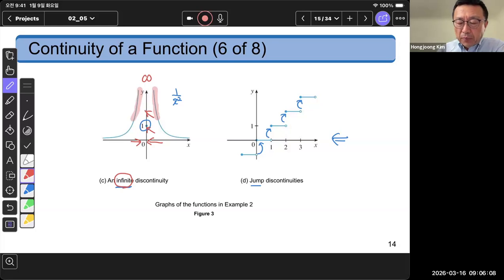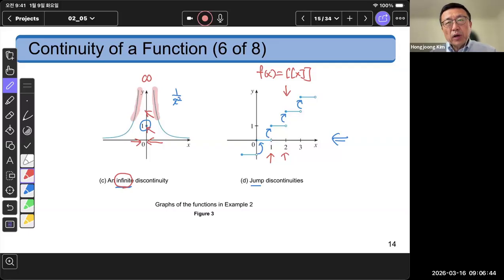Now, the fourth type of function we considered in this example was the function representing the largest integer less than or equal to x. If you draw the graph, you will see a step-like graph as in D. In this case, the right-hand limit and the left-hand limit of the function at each integer value are different.